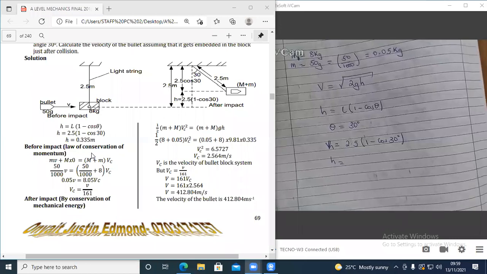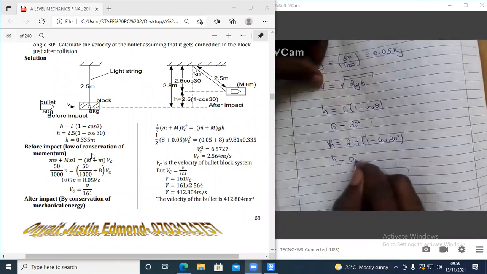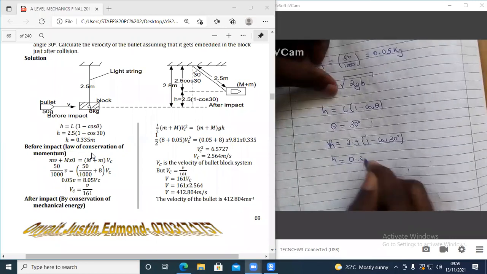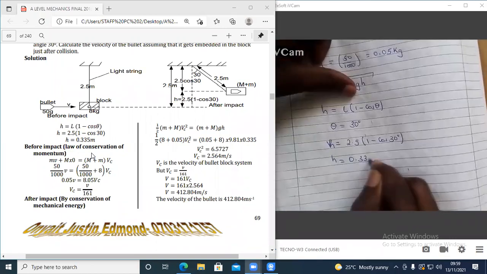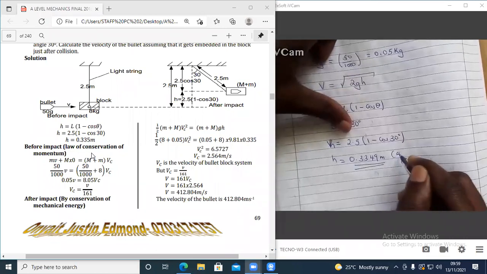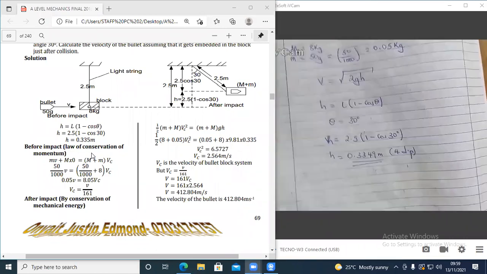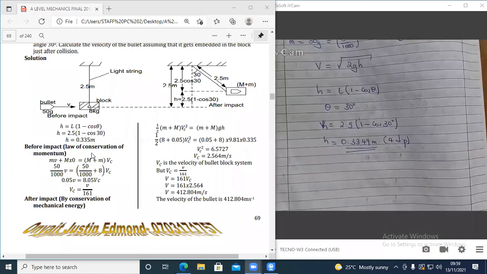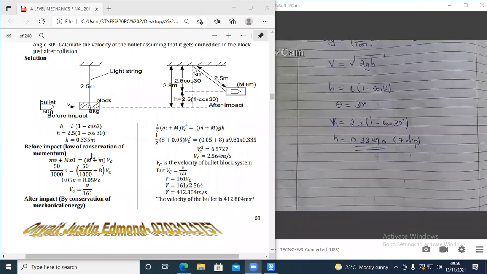So 1 minus cos 30, times 2.5, you get 0.0349 meters. This is to 4 dp. I said our answer must always be to 4 dp. So that's the height.